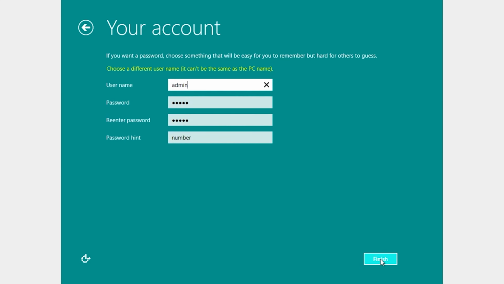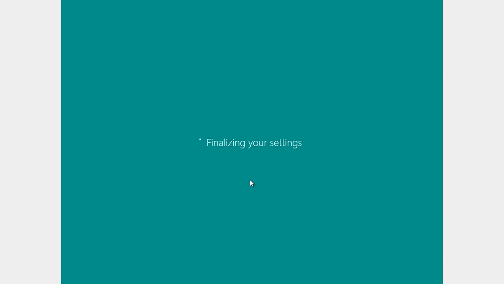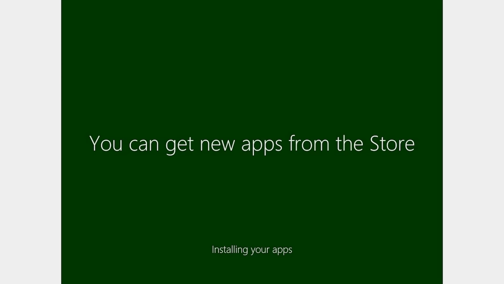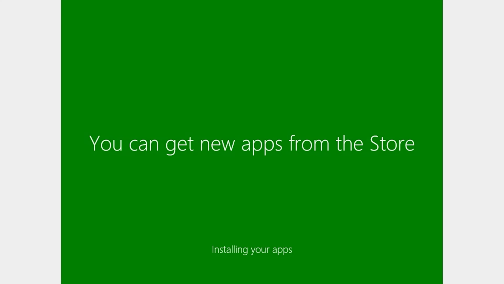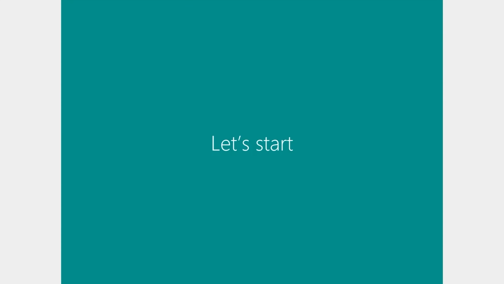Then click on finish. I chose a different username. Okay, admin is not acceptable. I want to write root. Finish. Now we have successfully downloaded and installed Windows 8.1.